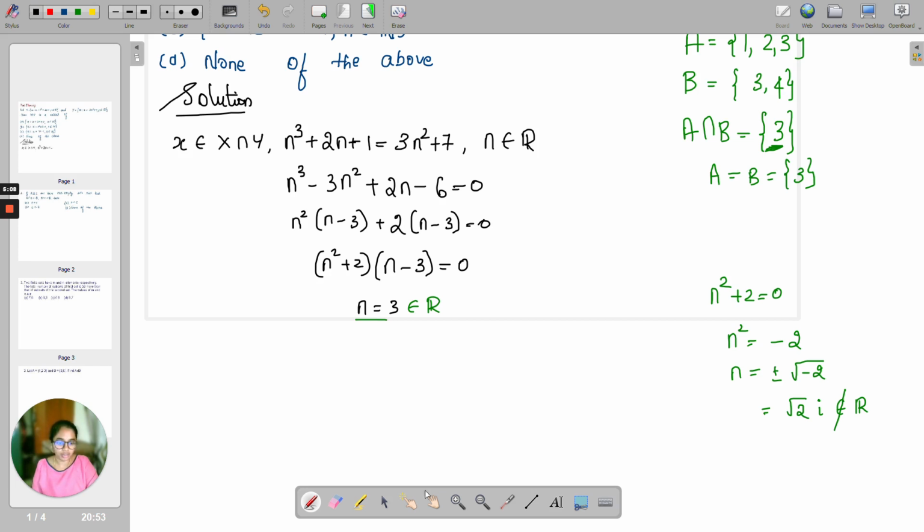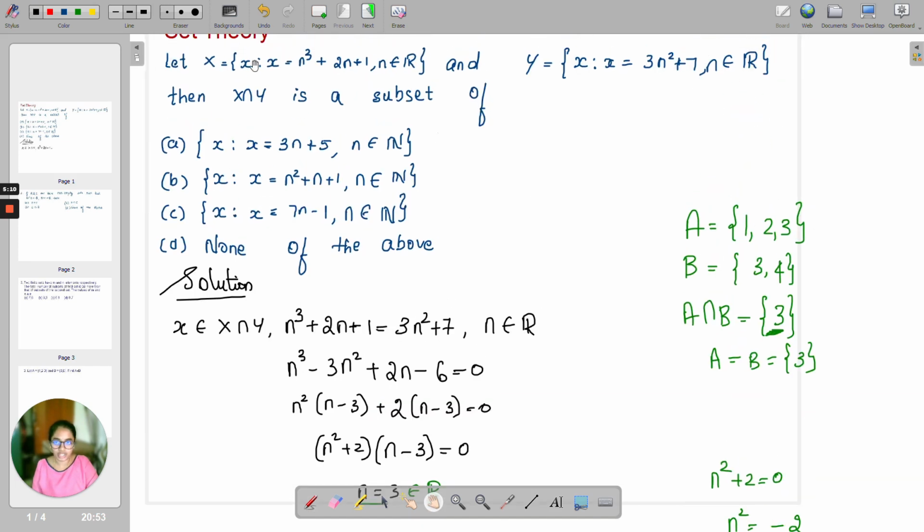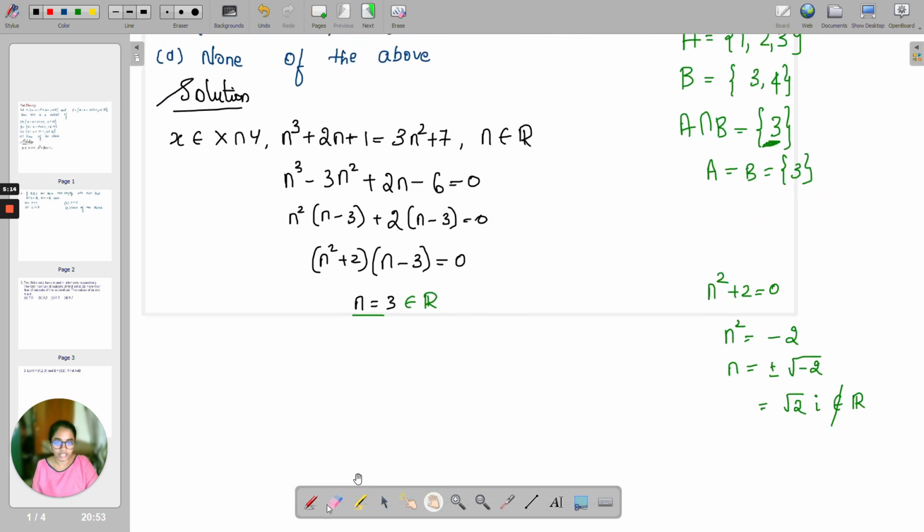Let me take one of these equations that they've given in the question. Let me take the second one for now, that is x is equal to 3n square plus 7.